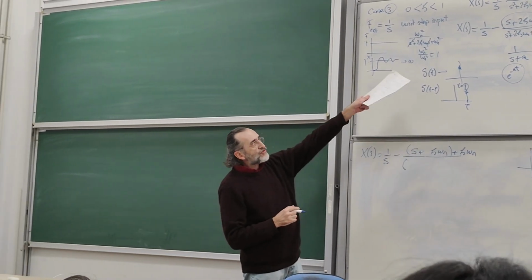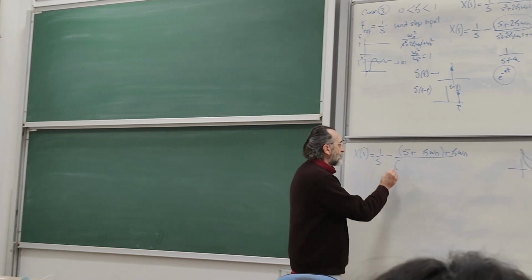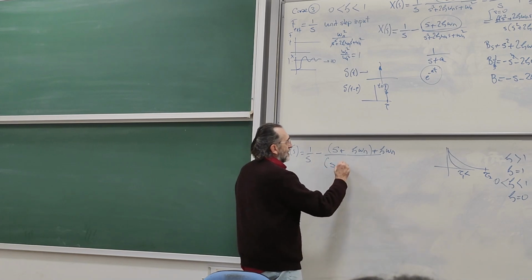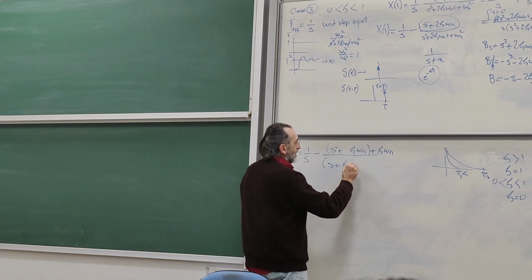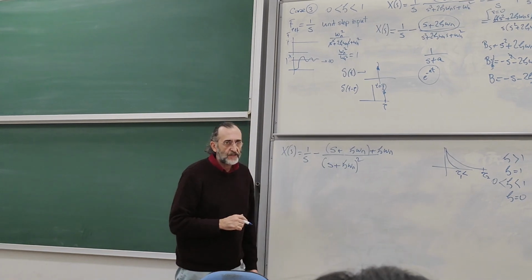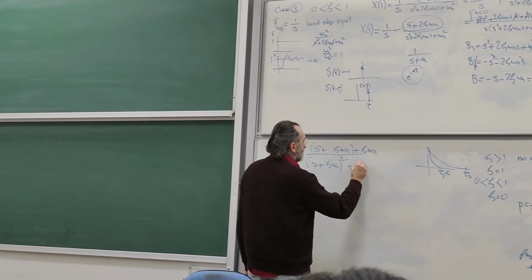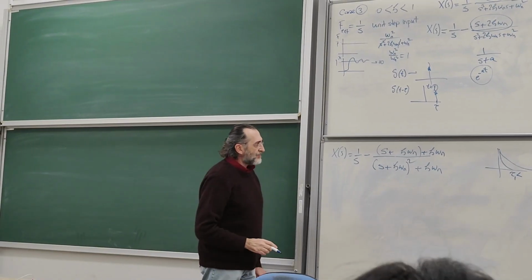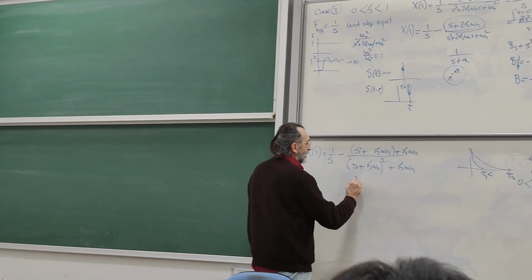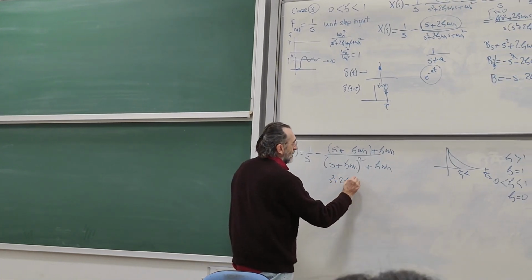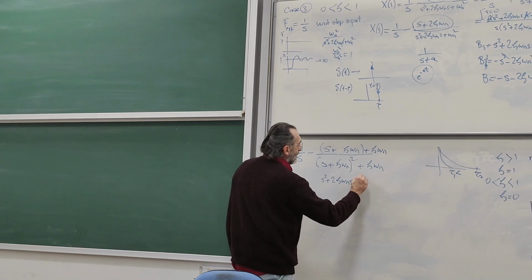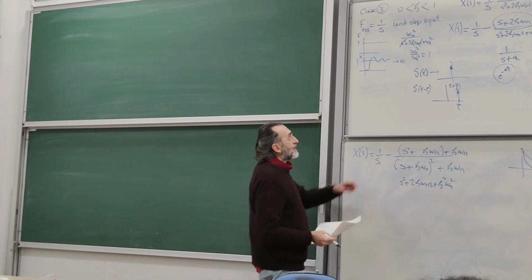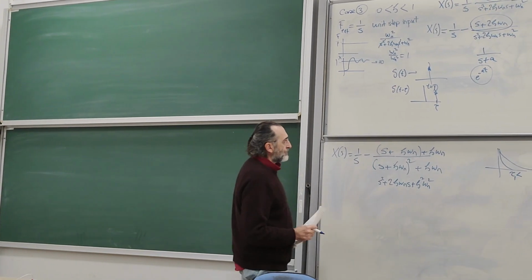And I have an S squared, can't get rid of it. So I'm going to keep this S plus zeta omega n squared plus zeta omega n, but now the denominators are not the same thing. What is this? S squared plus 2 zeta omega n S plus zeta squared omega n squared. Okay? But I only have omega n squared over there.